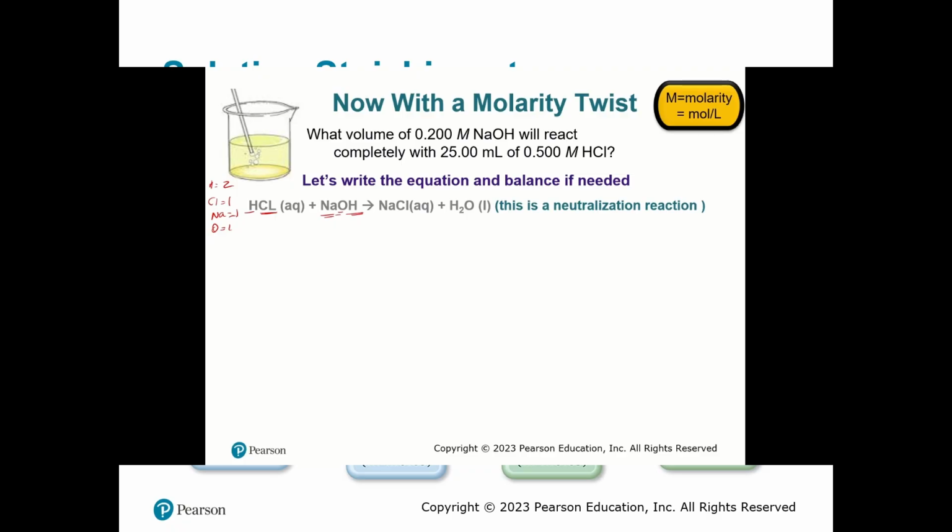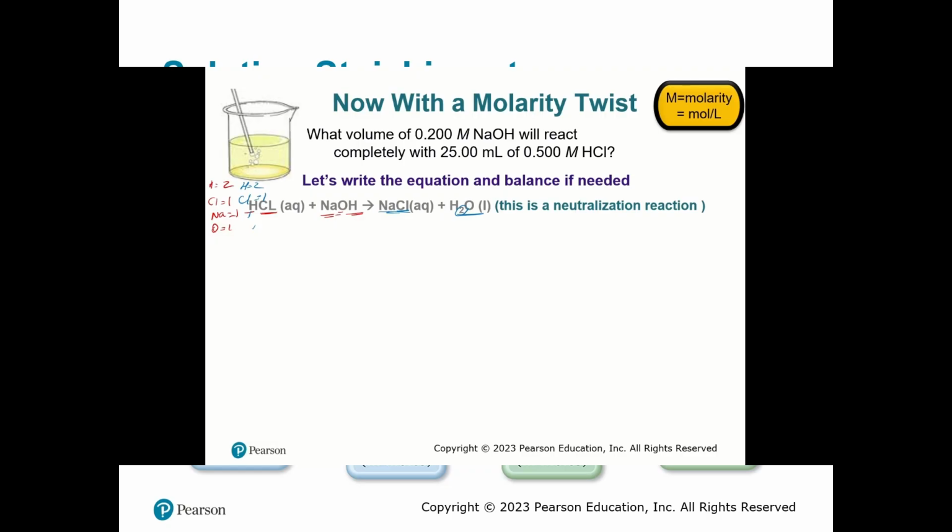When you go to the product side, I have 2 hydrogens as well, 1 chlorine, 1 sodium, and 1 oxygen. So they match. I have the same number of atoms on both sides. That's perfect, it's well balanced.